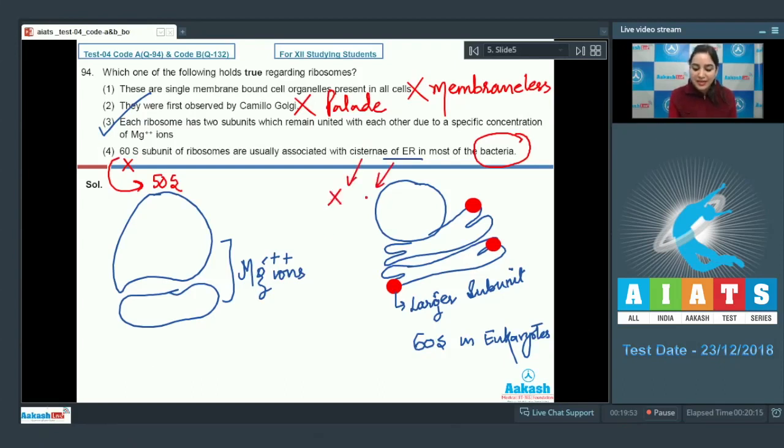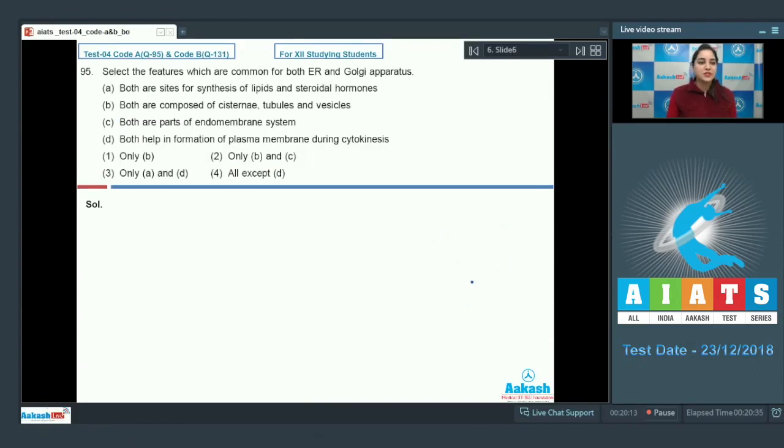Cisternae is not there, ER is not there, therefore the statement goes incorrect. I hope you have understood the mystery of option 4 also. So yes, students, let me write down that the right answer here is option number 3.